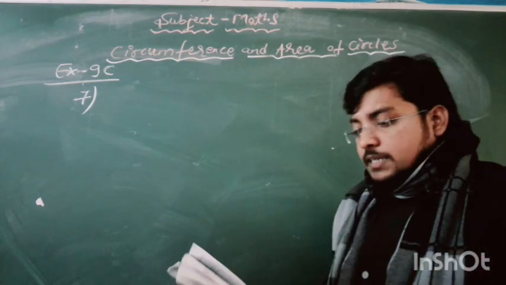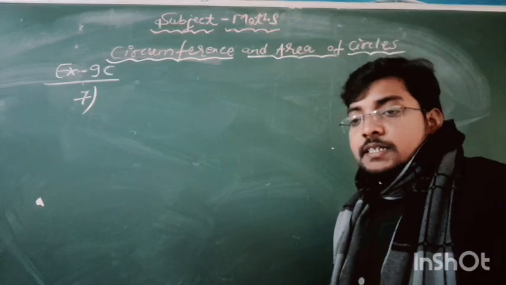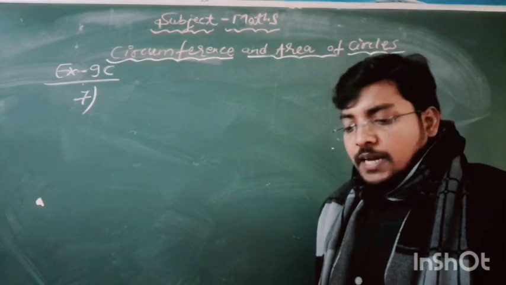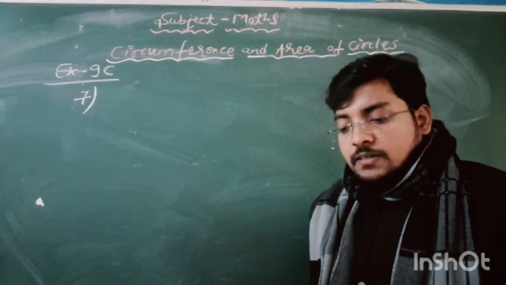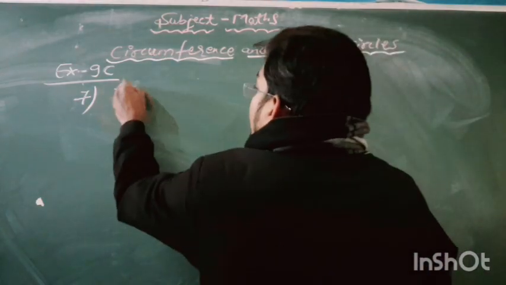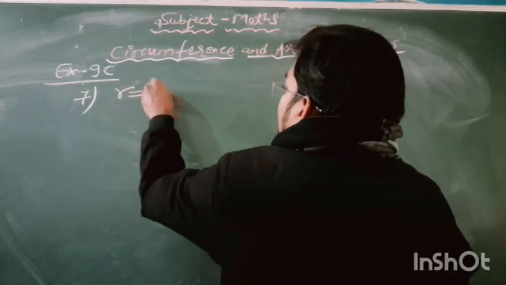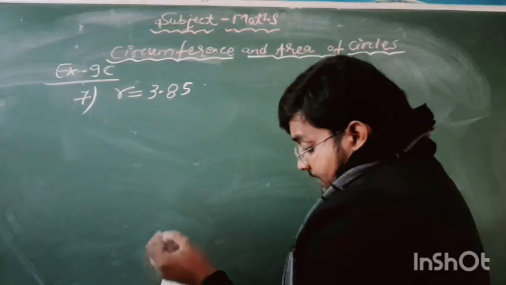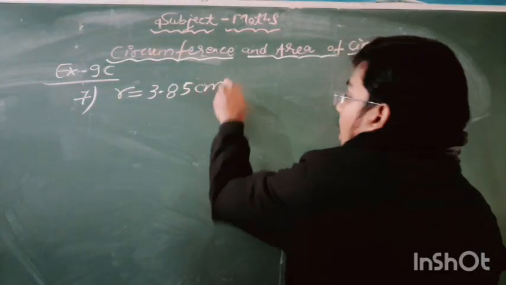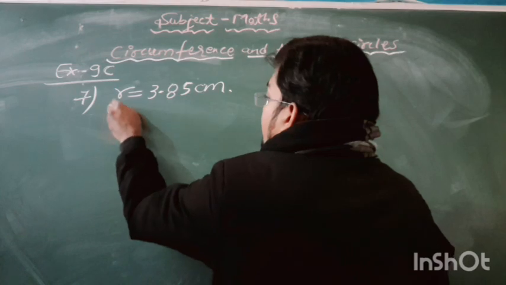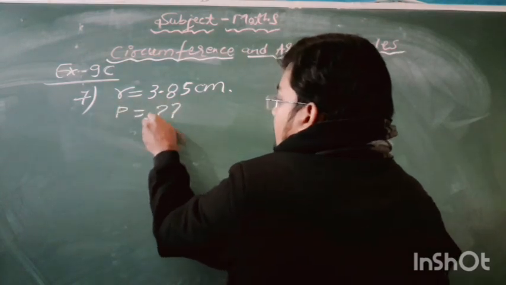Here we have a semicircular plate and its radius is given in the problem as 3.85, and we have to calculate the perimeter of the semicircular plate. So the radius of the semicircular plate is given, which is 3.85 centimeter.